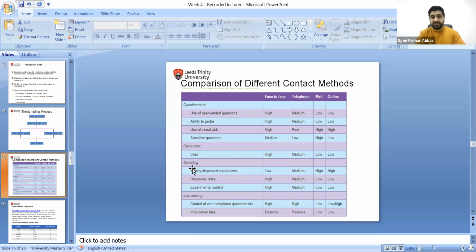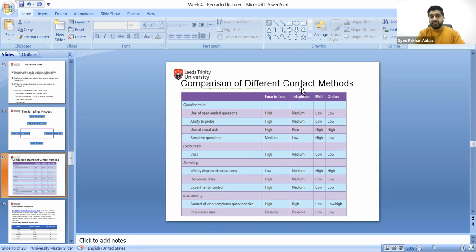We can see here that sampling a widely disparate population will be low, response rate high, and experimental control high. Then for interviewing, the control of who completes questionnaires will be high, but there may be bias when we are doing face-to-face research.